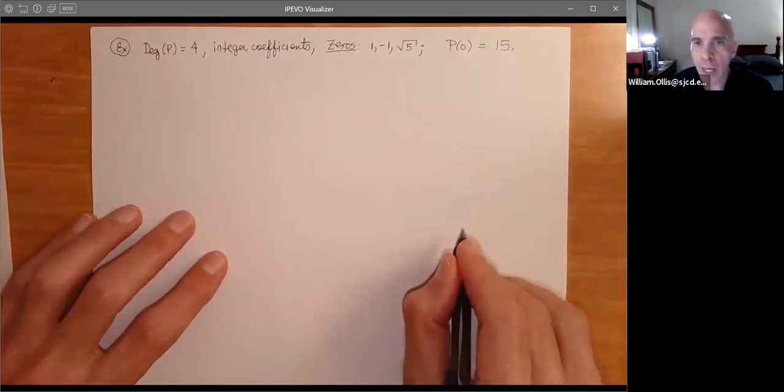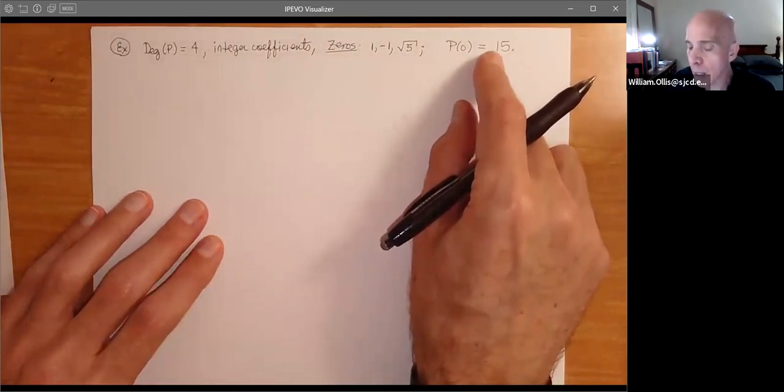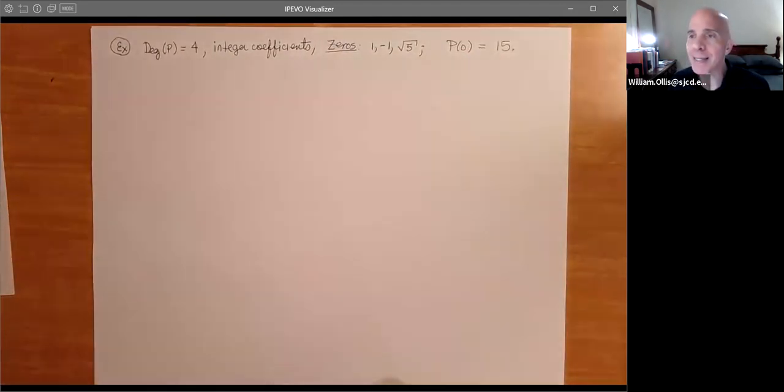Now you're thinking, with executing a restriction on the constant term, this is unique. In some instances, the problem might be, okay, build a polynomial with these zeros. Then the polynomial is not necessarily unique. You can multiply it by anything.